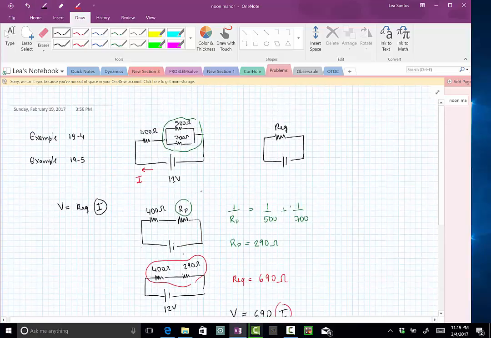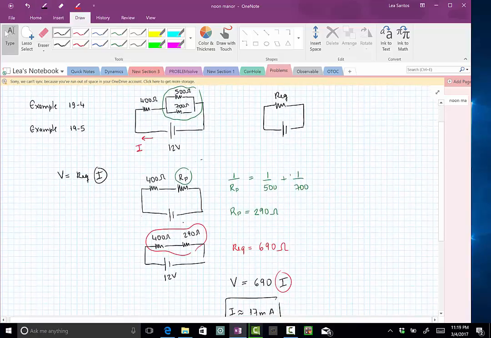All right, so coming back, what we did was simplify the circuit. Instead of having these three resistances, we looked for the equivalent resistance. We started from the piece of the circuit for which I could already find the equivalent resistance, which was this green one. The 500 and 700 are in parallel, so I used this equation to find the resistance.